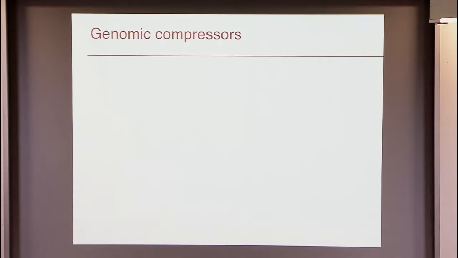Okay. So now I want to get into genomic compressors. So we want to get close to the Shannon limit efficiently. Why not just use a general purpose compressor? In other words, why not just take FASTA files or FASTQ files and run gzip? And this is actually done, right?